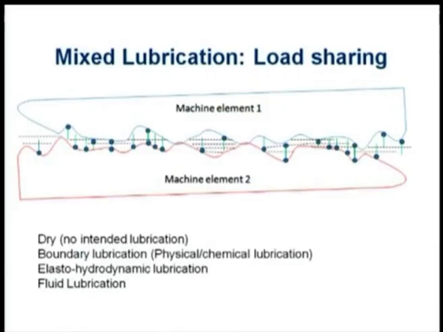Mixed lubrication is a longer lubrication mechanism, where almost all the mechanisms are interacting with each other and giving overall results. Whatever system you pick up, if you analyze that lubrication mechanism, by and large it will be a mixed lubrication mechanism. Now, there is a possibility that only 1% is dry contact, 5% boundary lubrication, 10% elastohydrodynamic lubrication, and the remaining fluid film lubrication.